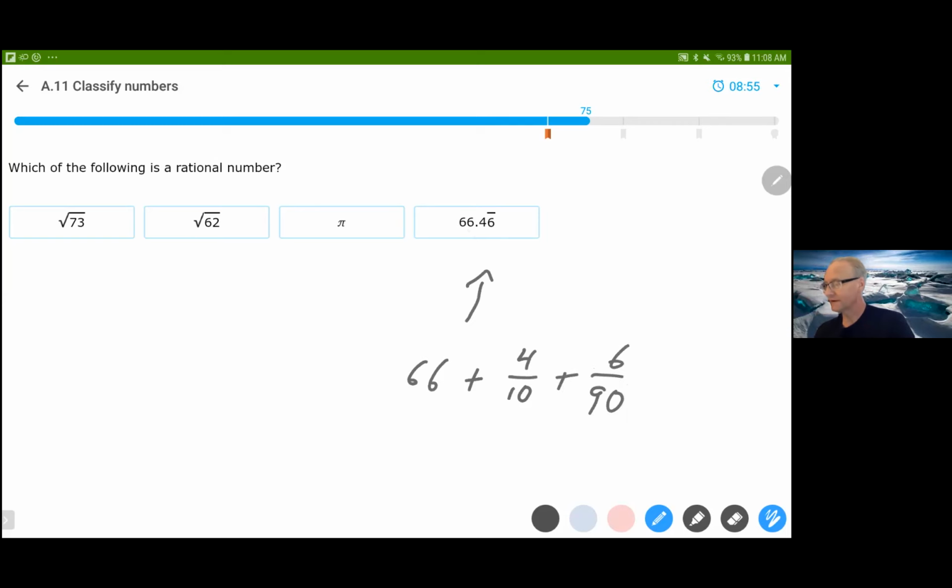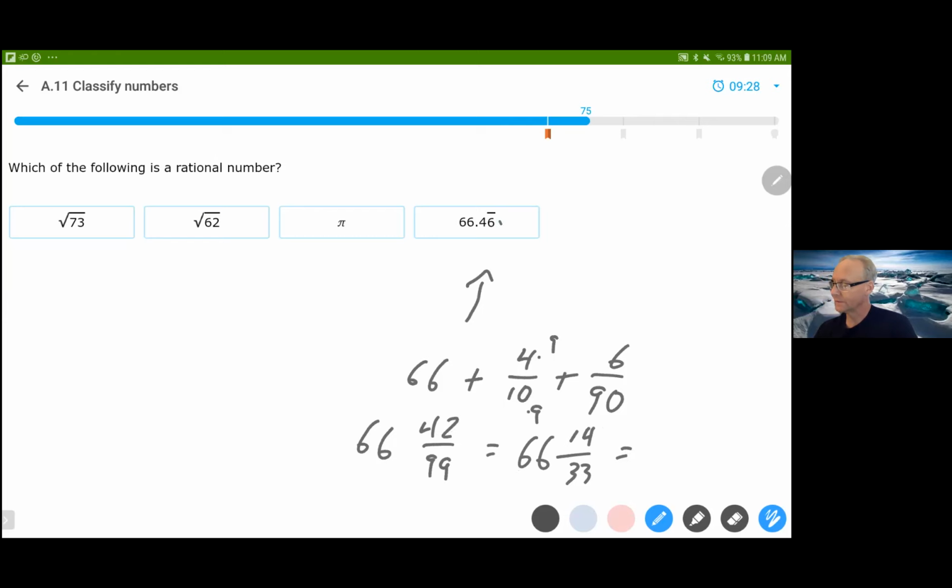I could get into the explanation of how I know that, but if I added this together, this one is going to be times 9, so it's going to be 66 and 42/99. And that can be reduced. That's divisible by 3. I've got 66 and 42 divided by 3 is 14 over 33. And I could make this into a ratio, but it's kind of long.